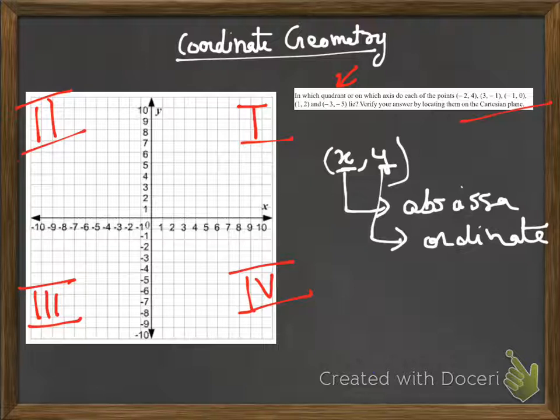The position of a point on the x-axis is called its abscissa, or the x coordinate. Its position on the y-axis is called the ordinate, or the y coordinate.